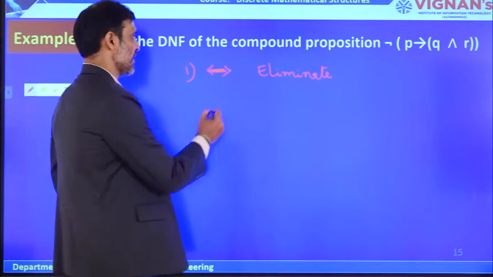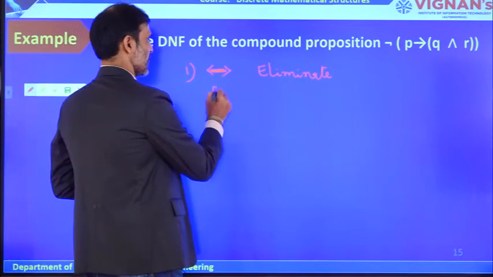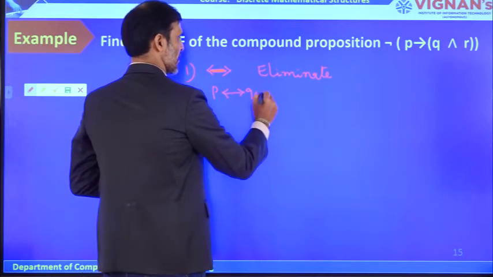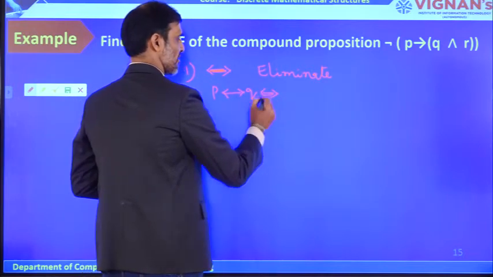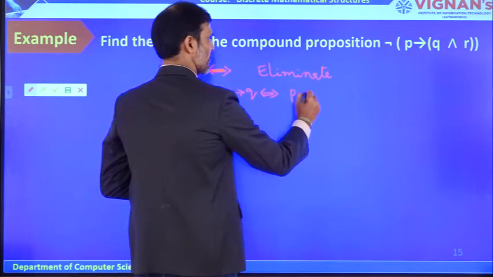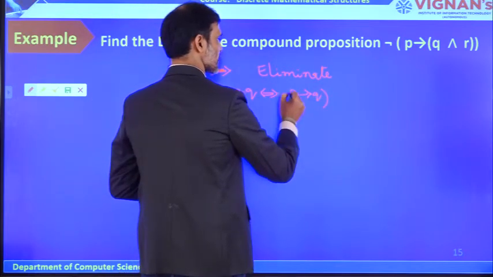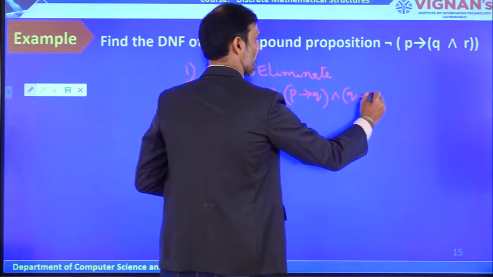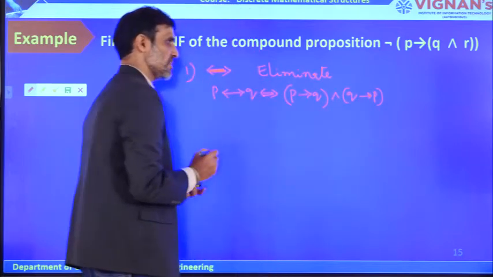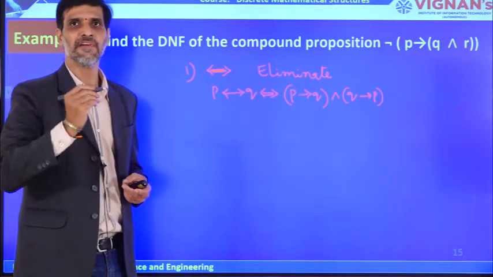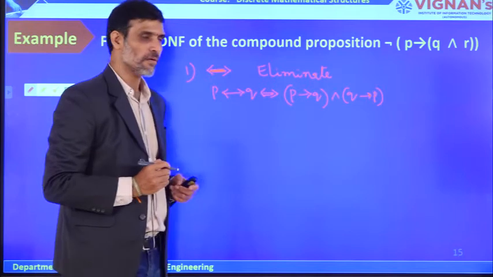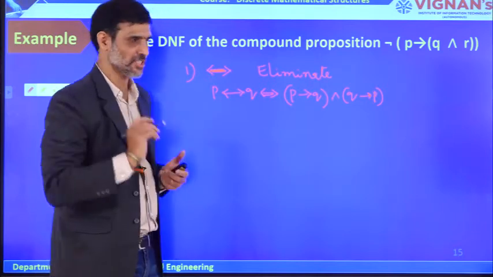How do we eliminate it? Suppose I have P implies and implied by Q, which is logically equivalent to P implies Q and Q implies P. We discussed this in the logical equivalence laws. So I have eliminated the biimplication. That is the first step.